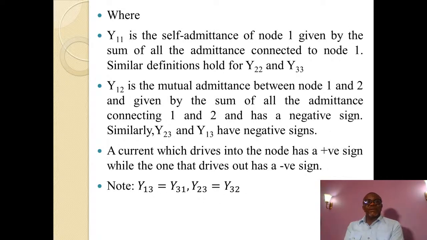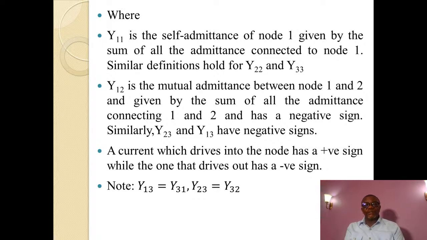So we say where Y11 is the self-admittance of node 1, given by the sum of all the admittances connected to node 1. Similar definitions hold for Y22 and Y33, whereas Y12 is the mutual admittance between node 1 and 2, given by the sum of all the admittances connecting node 1 and 2, and has a negative sign.